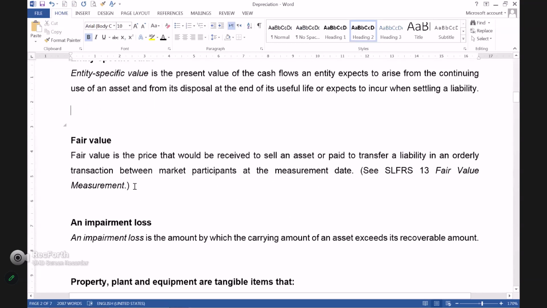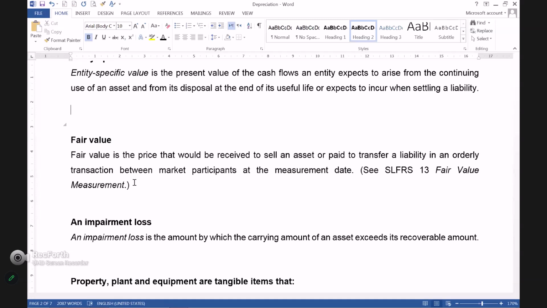Fair value is the price that we would receive to sell an asset or pay to transfer a liability in an orderly transaction between market participants at the measurement date. For example, if you want to sell the machinery, you calculate the fair value.